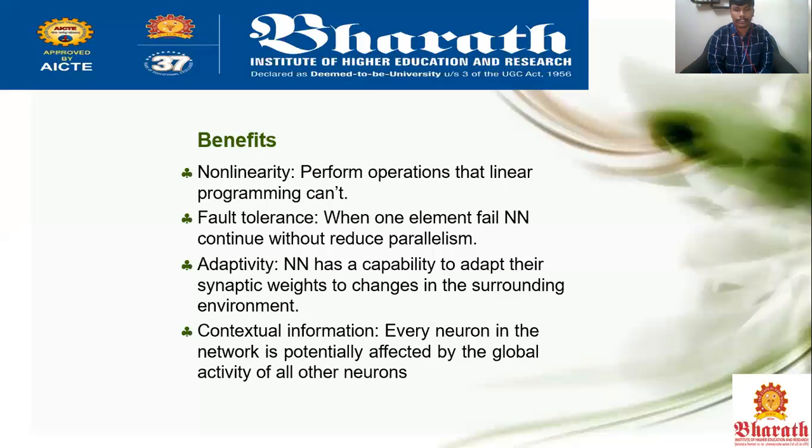And contextual information: each and every part of the neuron network is connected, and it will be affected when a single neuron produces an error or is not working properly as a processing unit. It will affect all the other neurons which are connected together.